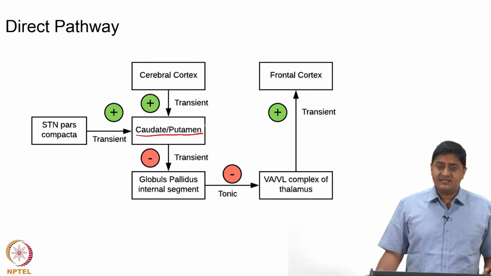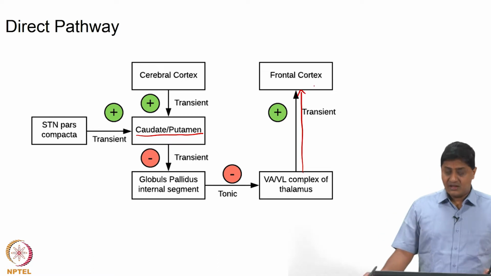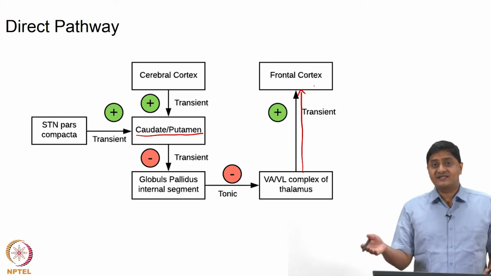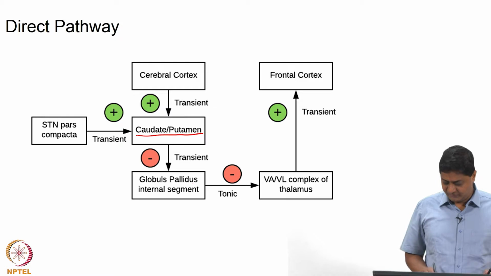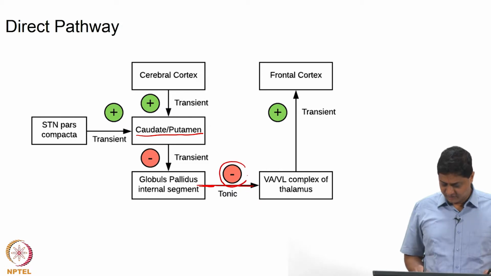Important to realize is the fact that the thalamocortical neurons in the thalamus are excitatory and they excite the cortex. These thalamocortical neurons themselves are inhibited by the output from the GPI. From here there is a very strong and tonic inhibition.